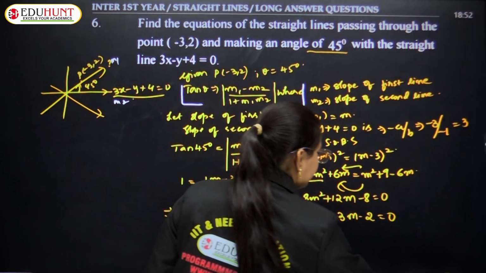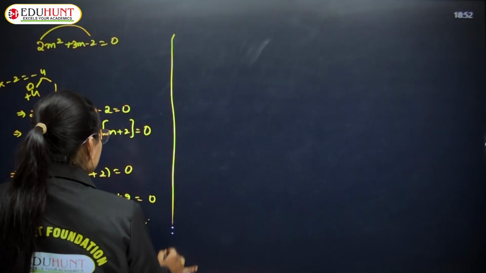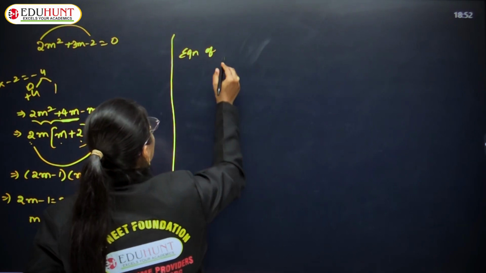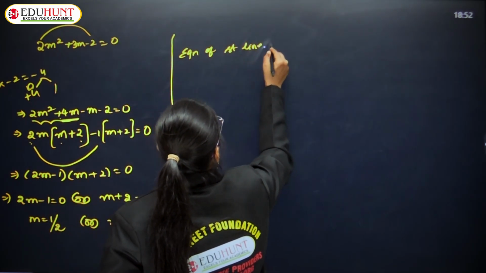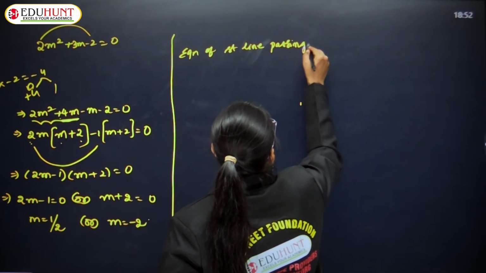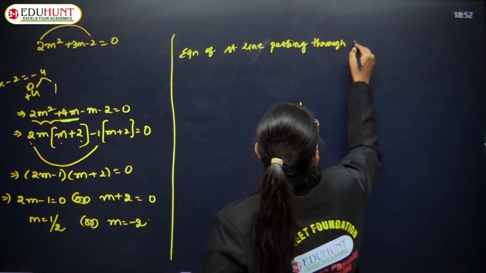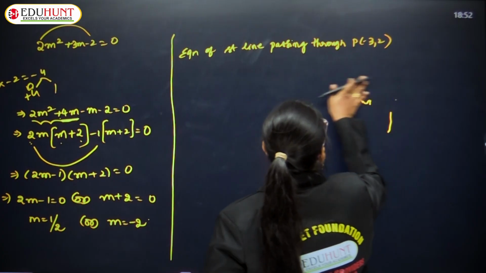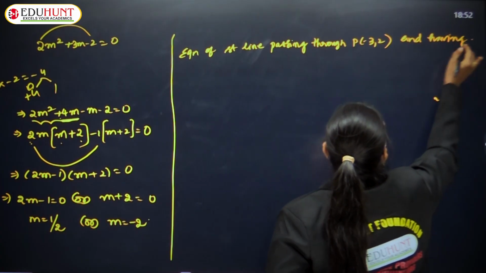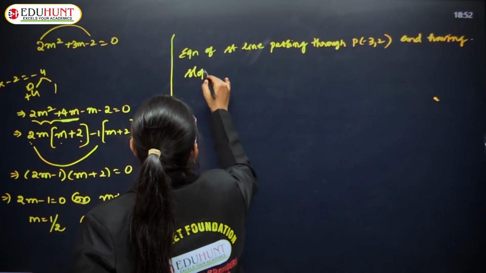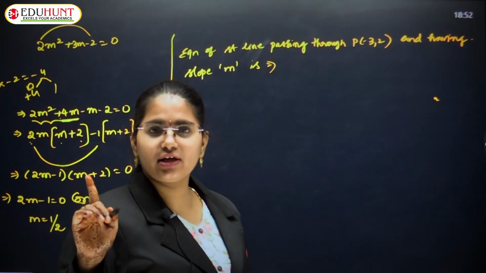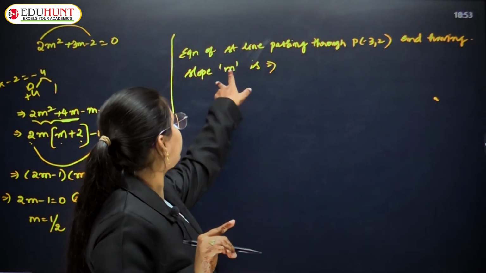So that means I need to find out equation of straight line passing through P -3, 2 and having slope m.